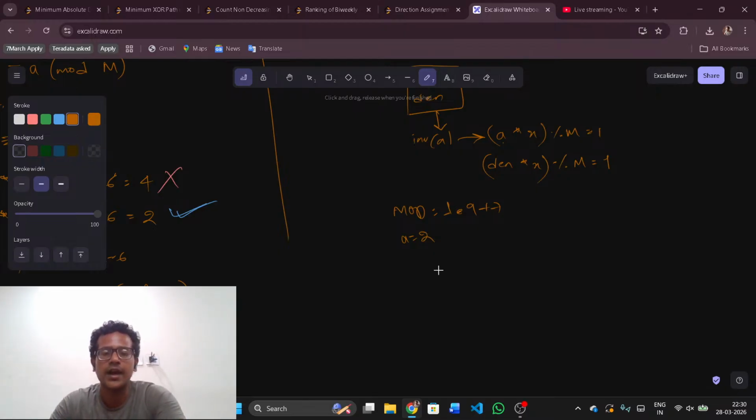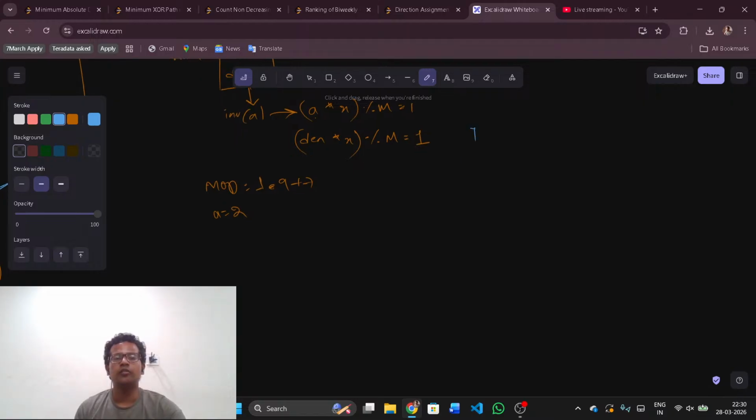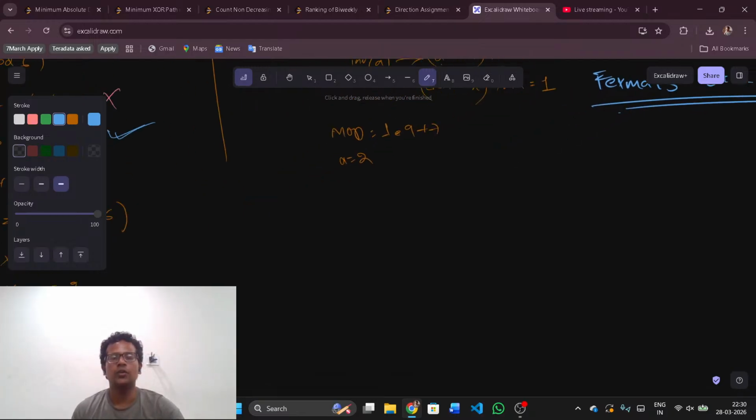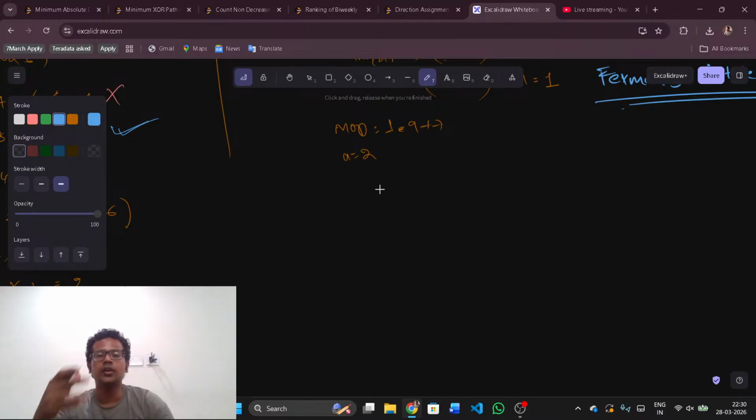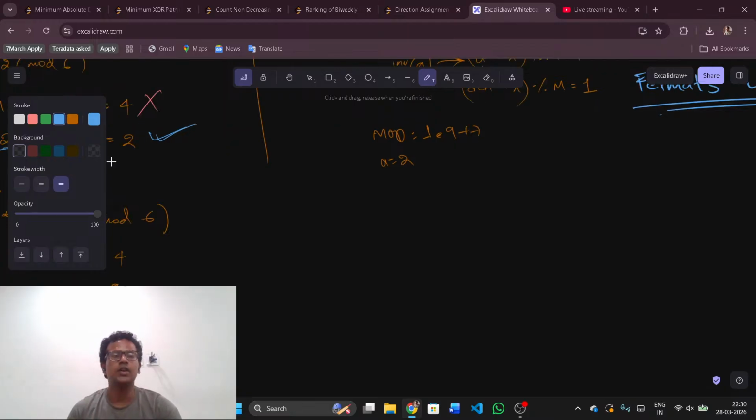This is called Fermat's little theorem. A inverse is equal to A power m minus 2 mod m.